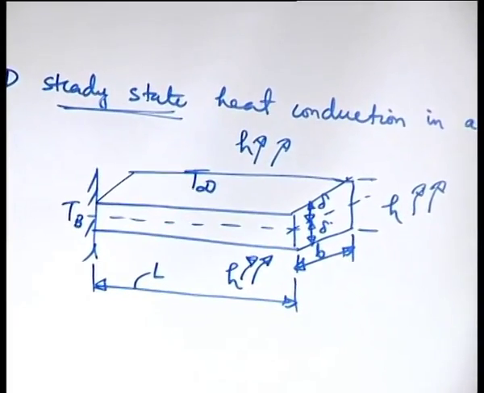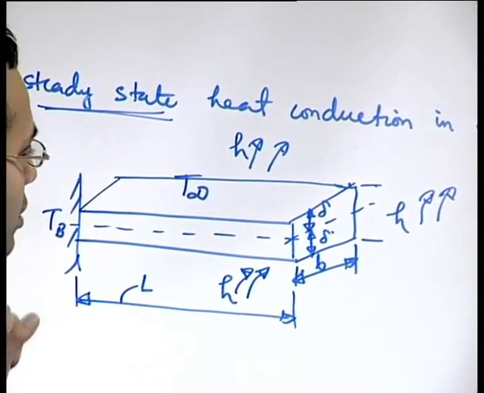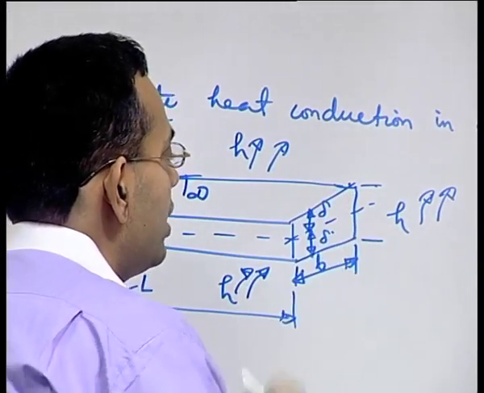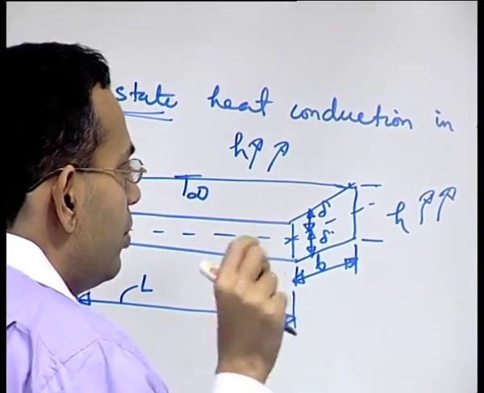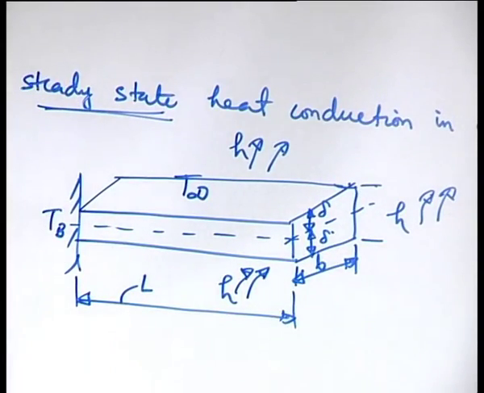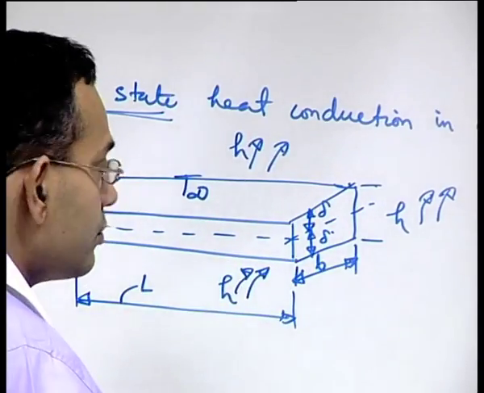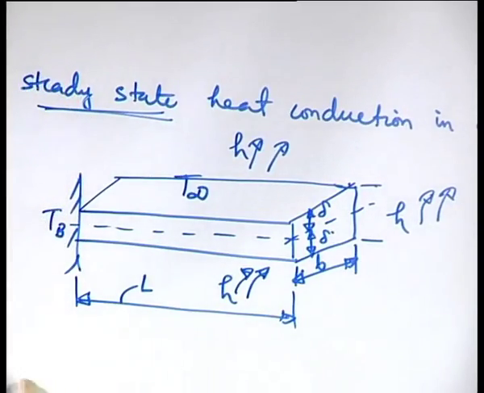Now if you consider the fin to be wide enough as compared to its thickness, that we will see later on what is its implication, but even before that if you consider a two dimensional heat transfer to begin with, then let us look into the different thermal resistances along different directions.